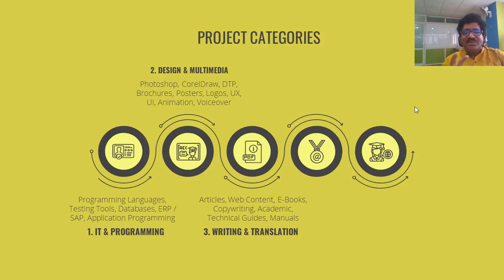Everything and anything related to writing is part of this category. And there are also projects related to translation, translating the content from one language to another language, including projects related to editing and proofreading, checking for grammar, spelling, punctuation, etc.